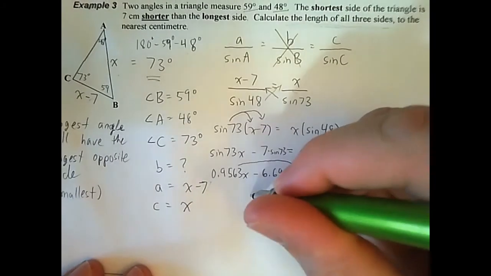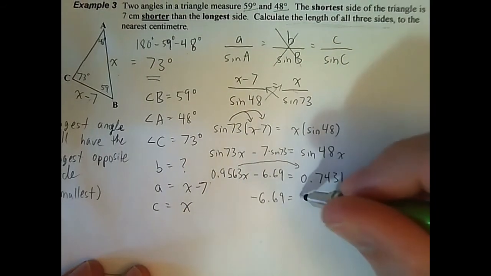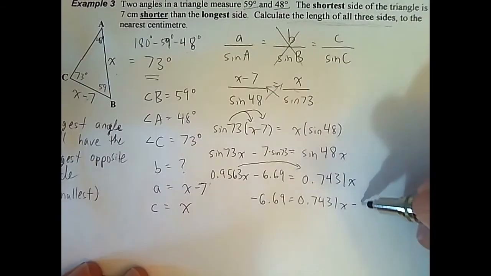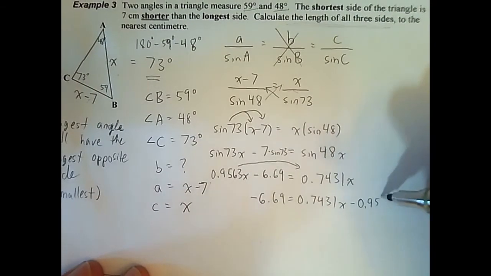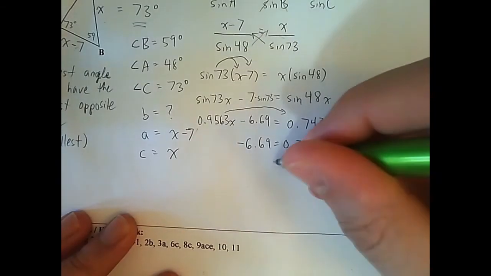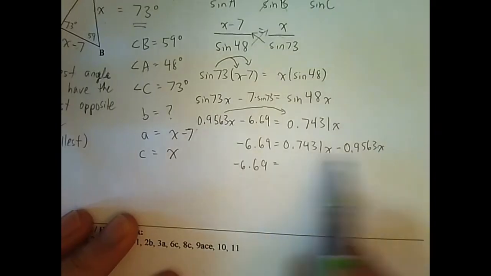I'm going to have negative 6.69 is equal to 0.7431x minus 0.9563x. And then these are like terms because they both have x.